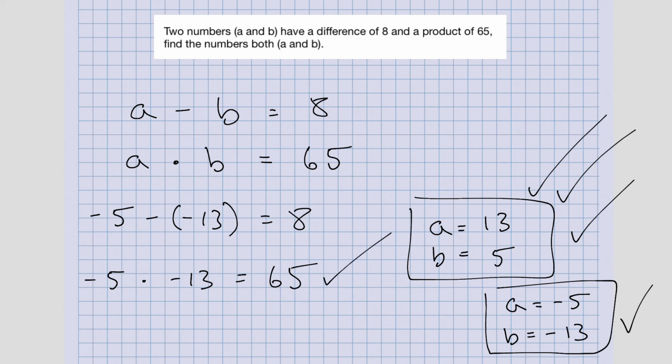So this one checks out. Now negative 5 minus a negative 13. Remember, when you subtract a negative, that's the same thing as adding. So negative 5 plus 13, does that equal 8? Yes, it does. So this one checks off.